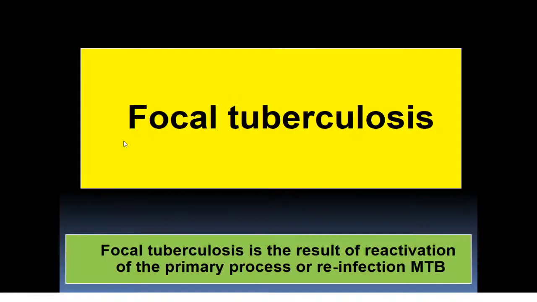First form of tuberculosis today, focal TB. Focal tuberculosis is the result of the reactivation of the primary process or reinfection with mycobacteria of tuberculosis.